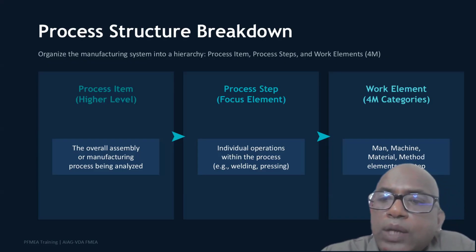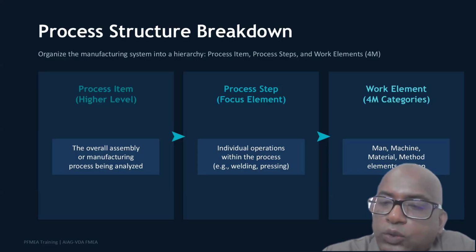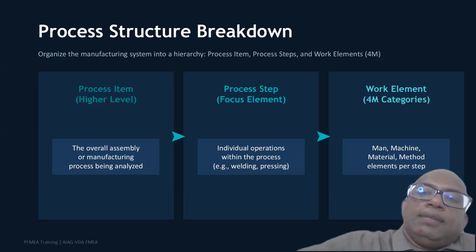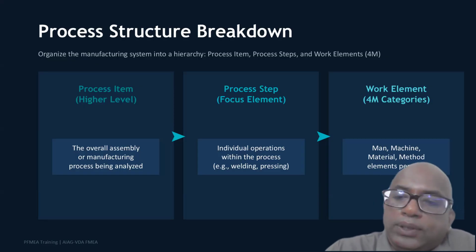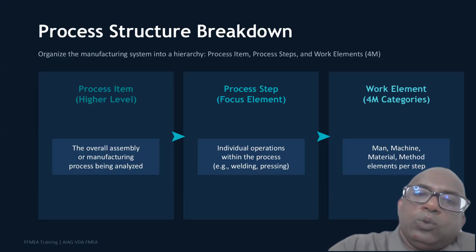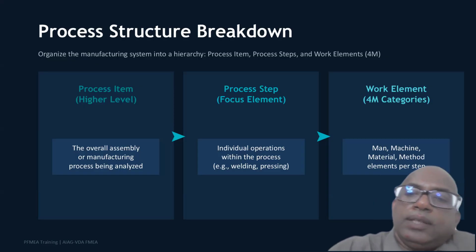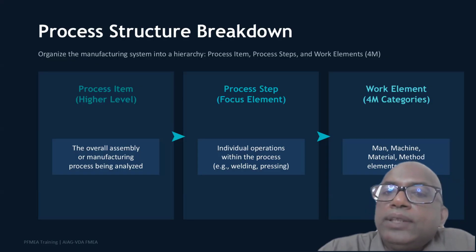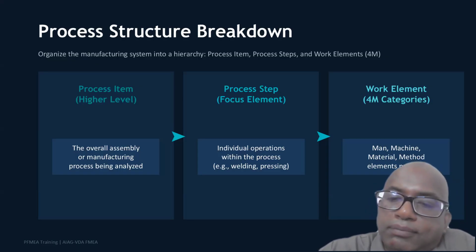Then we focus on elements. The high-level approach should be there, because we should have a high-level understanding of your process. Then you have to go to the work element level, the individual operation within the process, for example welding, pressing, and similar processes.